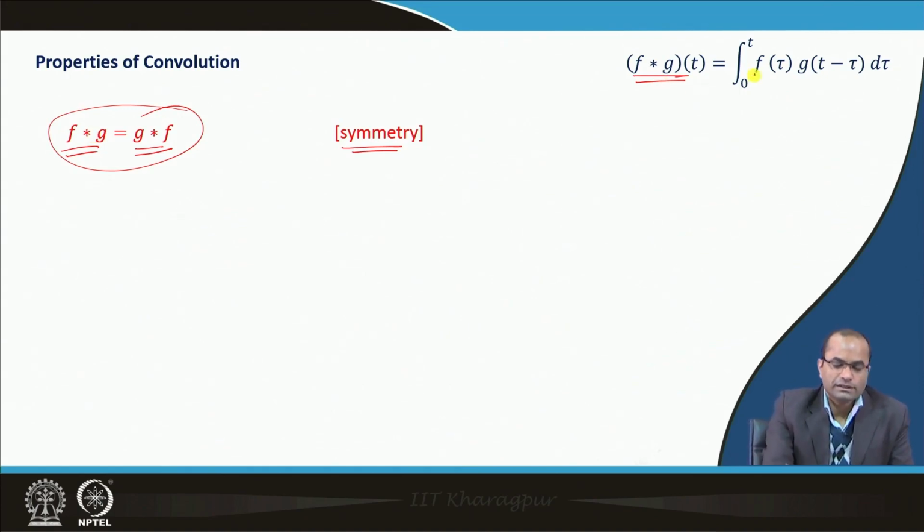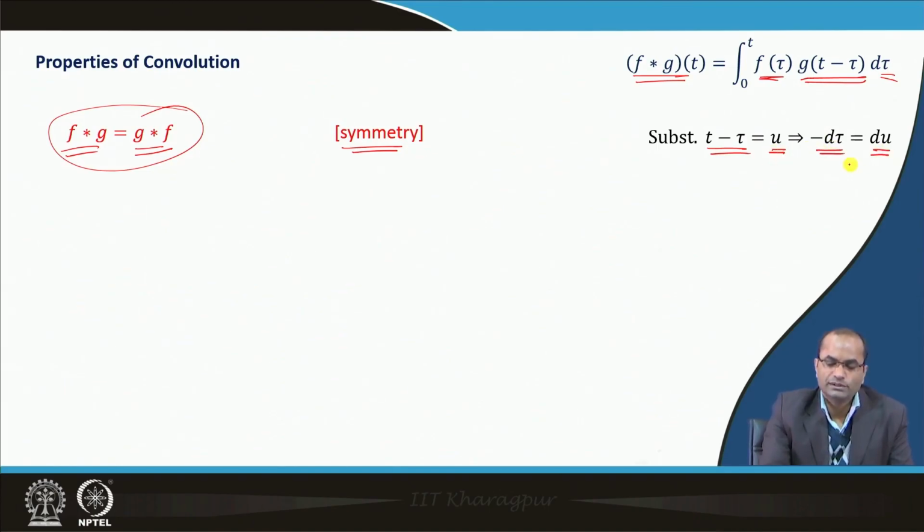So, f star g is the integral from 0 to t of f of tau and g of t minus tau d tau, and if we substitute t minus tau as a new variable u, that means minus d tau is du. For the limits, when tau is 0, u will become t, so the limit here will be t, and when tau is t, u will become 0.